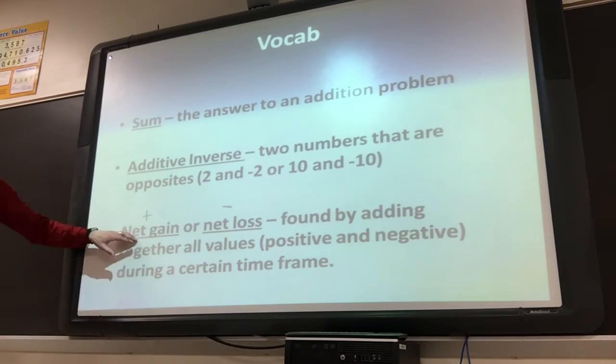So a positive number means a net gain. Negative answer means a net loss. And so it'll always be during a certain time frame. So 2 days or 1 month or 1 year, something like that. Okay? So sum, additive inverse, and then net gain or net loss.